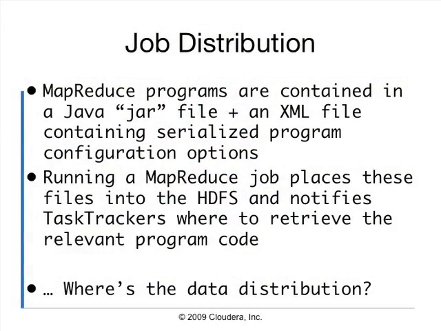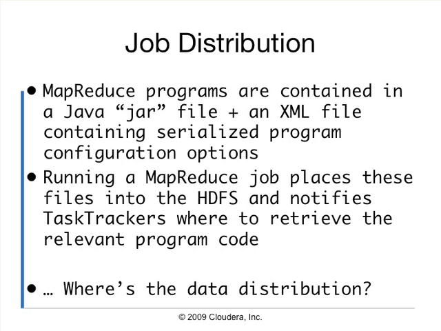So the jobs themselves are distributed to Hadoop by doing the following. First, we take the jar file that the job is compiled into. You can't run this from a bunch of .class files for your program. You have to assemble all your class files into a single jar. Then you run your jar, and your program will upload its own jar into HDFS.